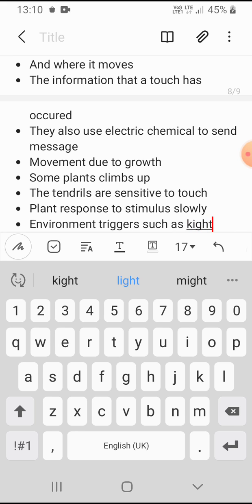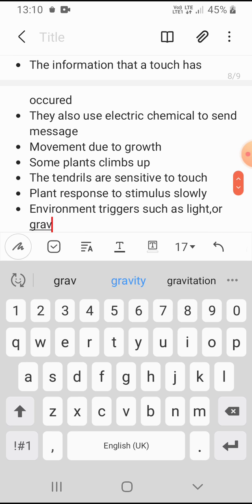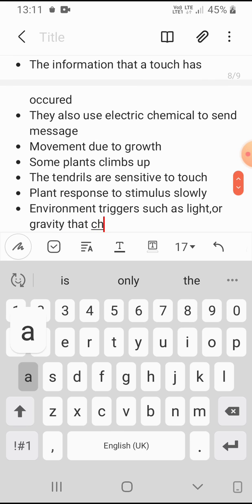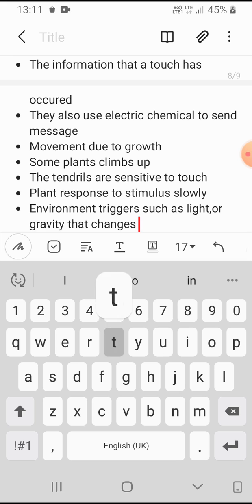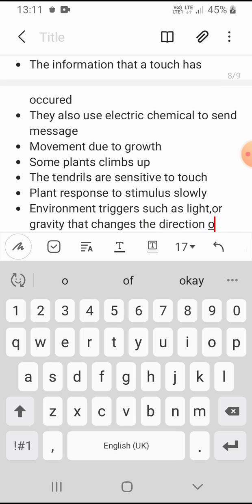As you know, plants need light, or gravity, which changes the direction of the plant. As you may all know, the direction of the plant will be changed.